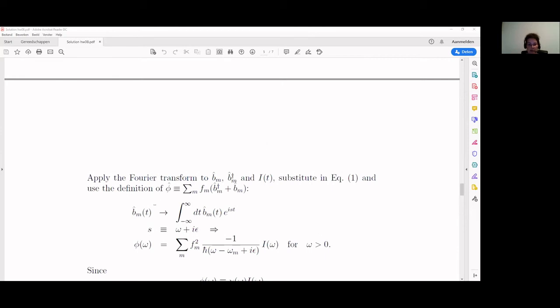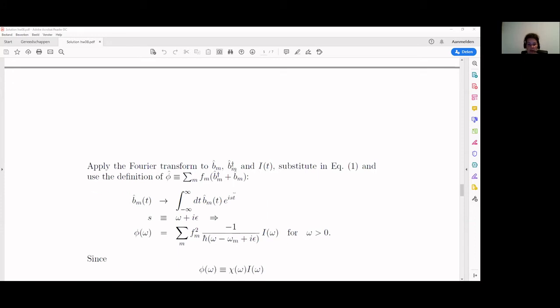So Bm is now replaced by its Fourier transform, which is the following expression here. It's a time integral of Bm time dependent, with this complex exponent in which s is the frequency plus an exponentially small imaginary part, i times epsilon, epsilon very small.